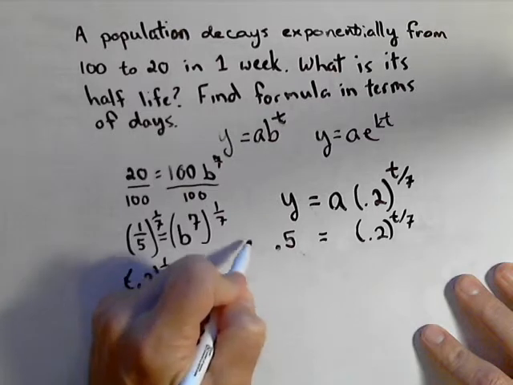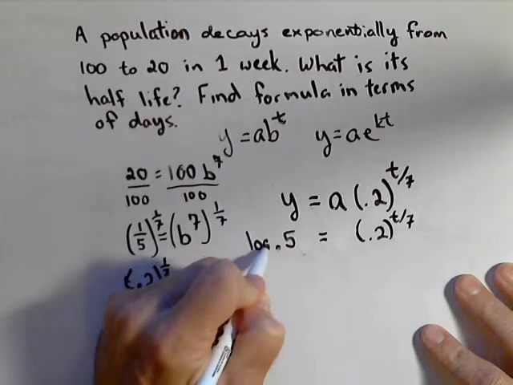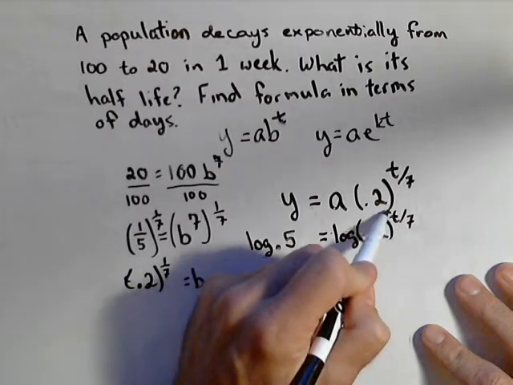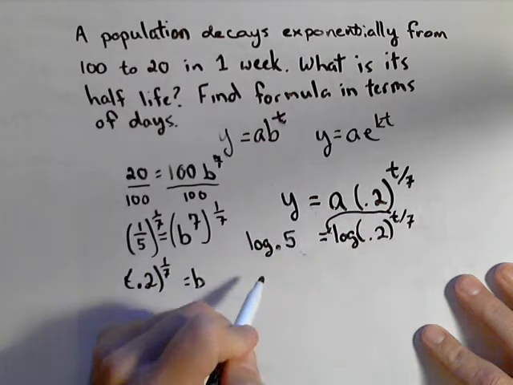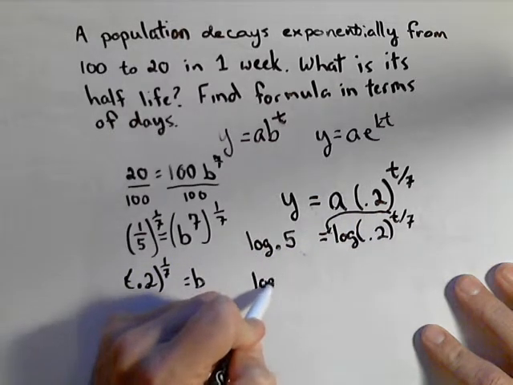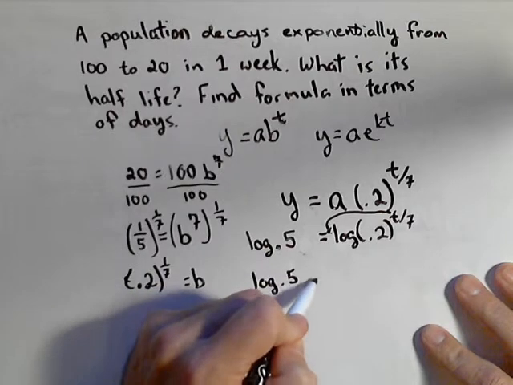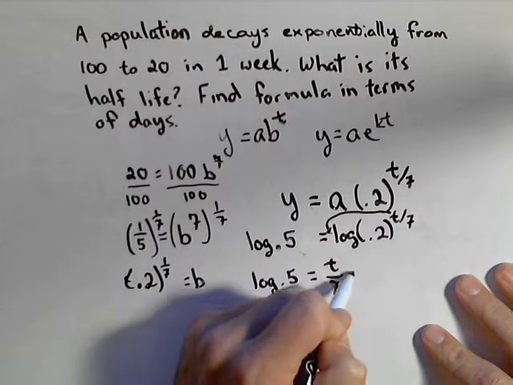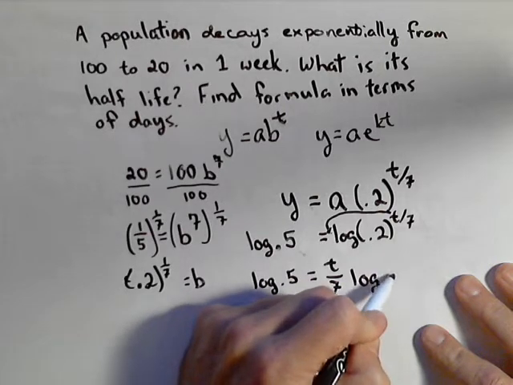So here's where we'll employ logs or natural log, whatever you prefer. We're going to take the log of both sides, because now I can pull the exponent out front. So I have log of 0.5 equals T over 7 log of 0.2.